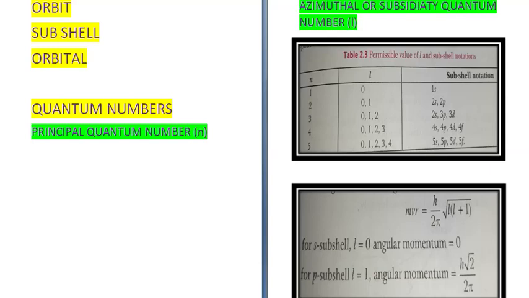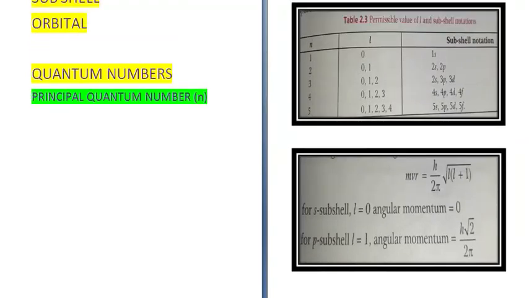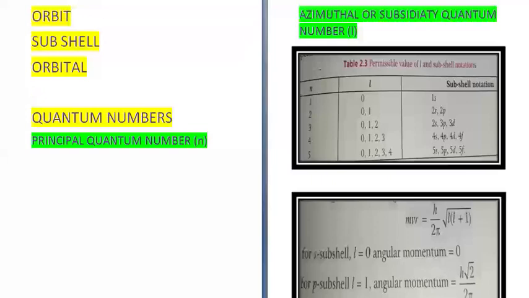orbit, subshell, orbitals, because these are the terms that will be used throughout this chapter, and you need to be very clear in your mind exactly what is the difference between these three terms. Now, orbit is a well defined circular path around the nucleus in which the electron revolves.